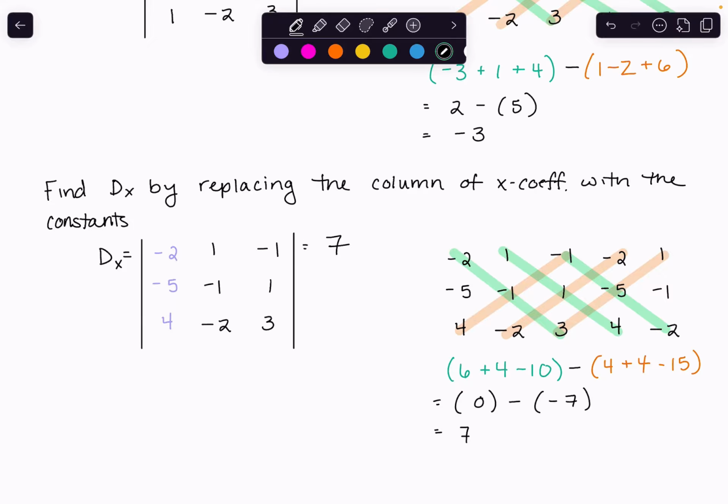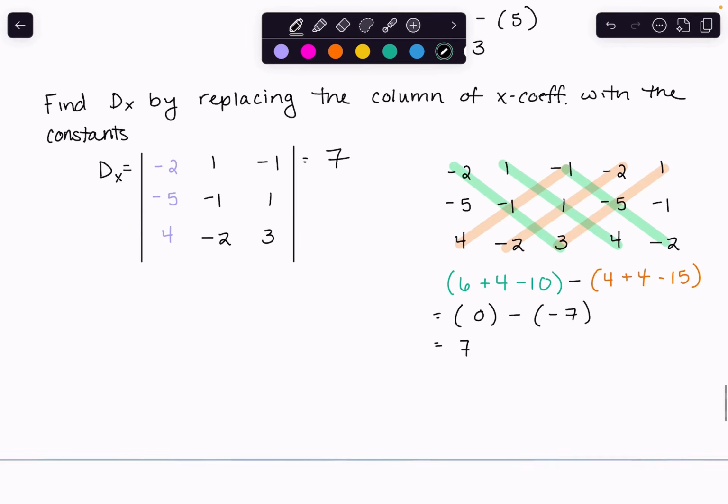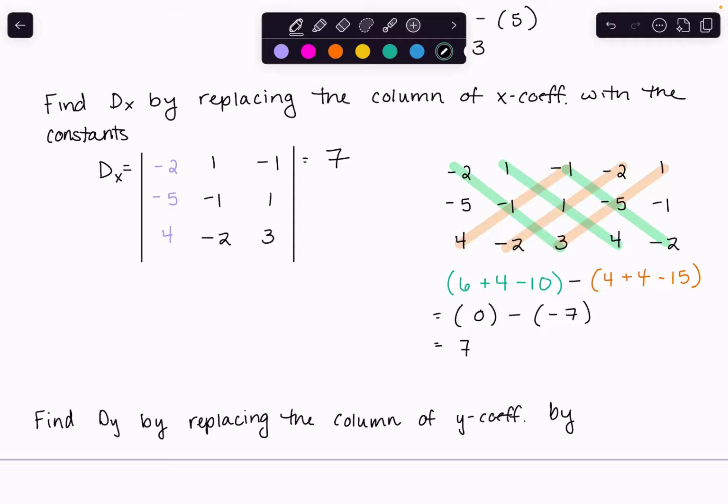Okay. Now I just keep repeating this process. So we find d sub y by replacing the column of y coefficients by the constants.